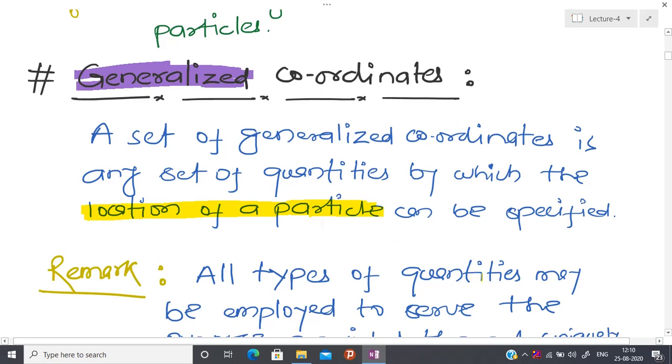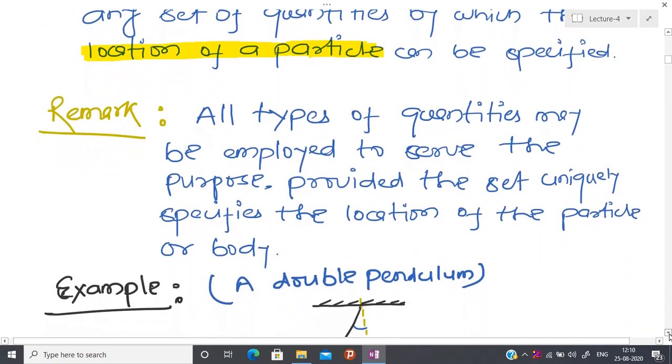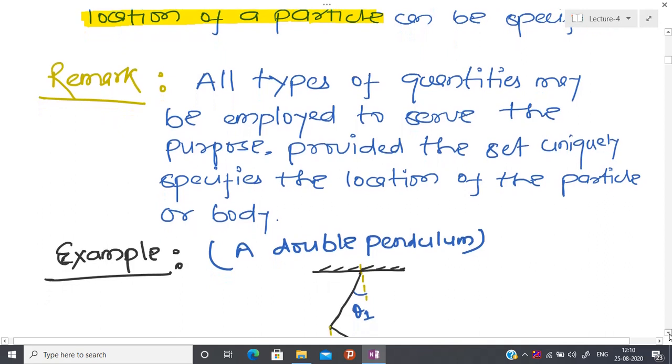So what happens is that we select the generalized coordinate system based on our problem. Whatever problem is given to us, first we will see the nature of the problem, then analyze it and put in the proper coordinate system.